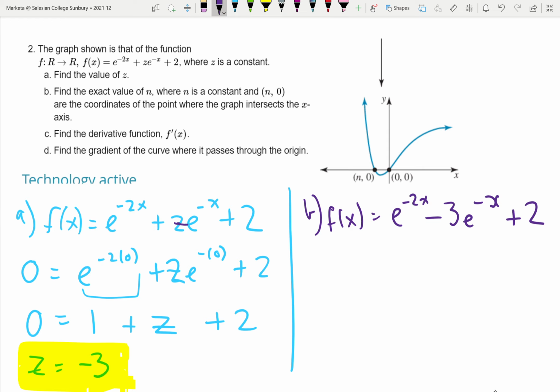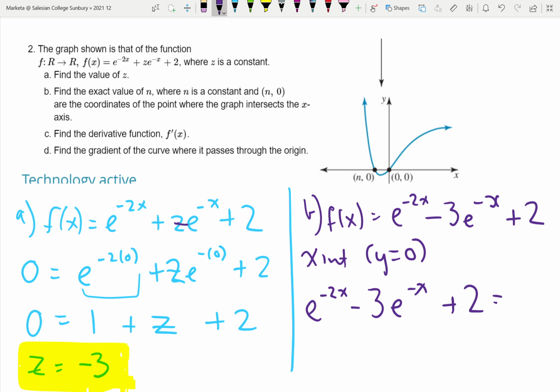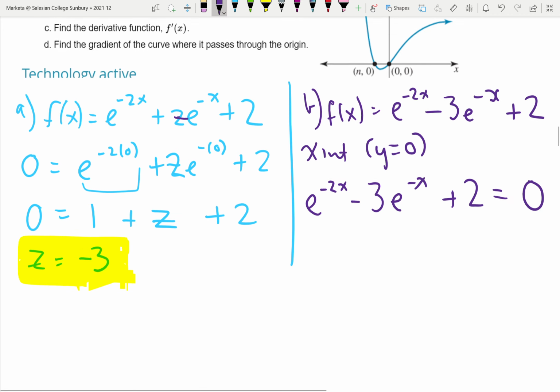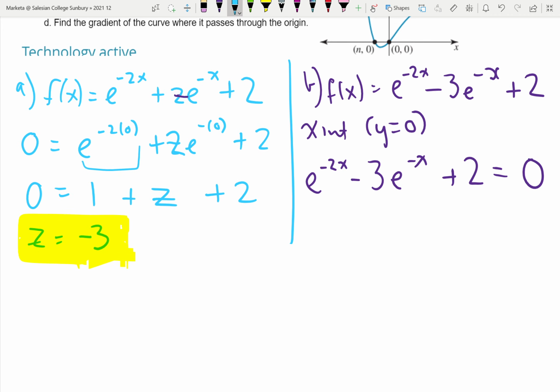So x-intercept is when y equals 0, and that's e to the negative 2x minus 3e to the negative x plus 2 equals 0. Now, this is quite a good one, and I wanted to do this even though this question is quite similar to question 1, because this has a negative power here. There are different ways you could go about this.